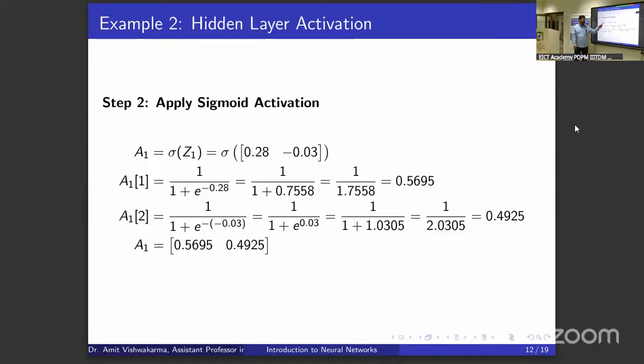But in this case, Z1 is a vector. So how do we apply this activation function, sigmoid, in the vector case? Consider each term, each index, as a value and compute. Is this clear? Any doubt on this? A11, A1.